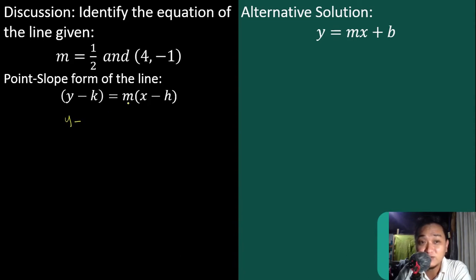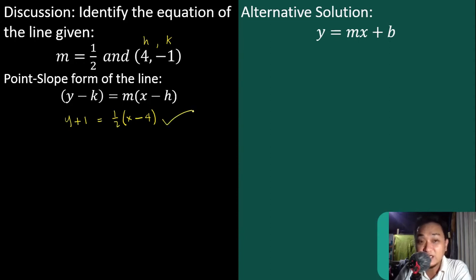Y minus, what is our k? This is h, k. So our k there is negative 1. Diretso na plus 1. And our slope is 1/2 times the quantity x minus our h, which is 4. Yan. Now we can solve.